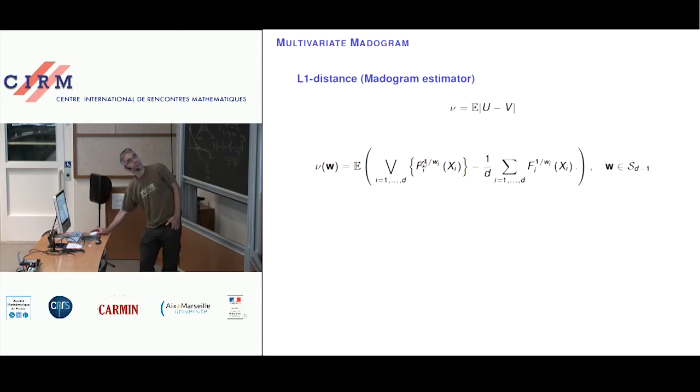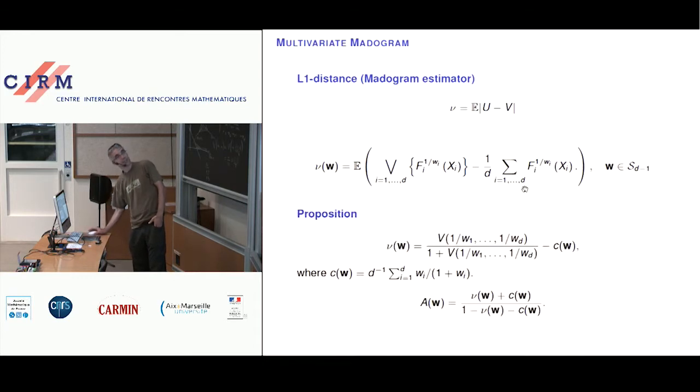So here again, I take the F, the CDF of the function, I apply it to X, which makes it uniform. I take a power, take the max of this thing, and I subtract the mean. And so if you compute this difference, you can get back the V function, because it's a one-to-one relationship with this distance nu of omega.